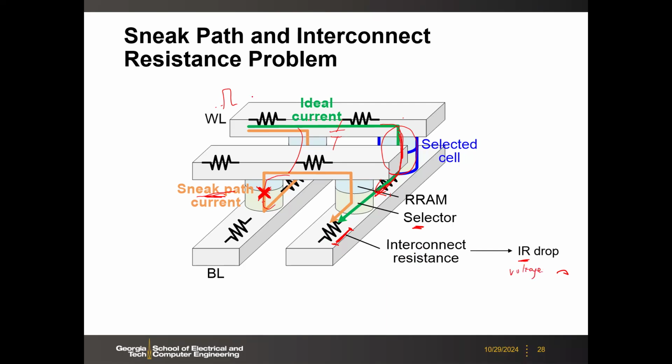So here you apply some voltage from the edge of the array, but this voltage will drop after you pass each segment of the array because of the wire resistance. If the current is large, or if the resistance is large, then the voltage drop will be significant, right?